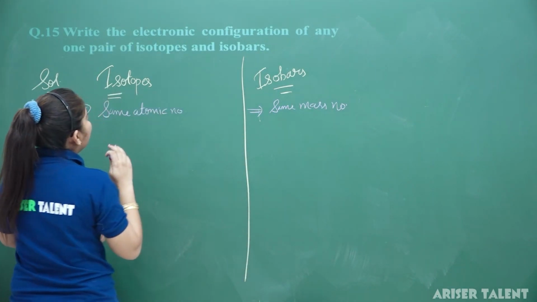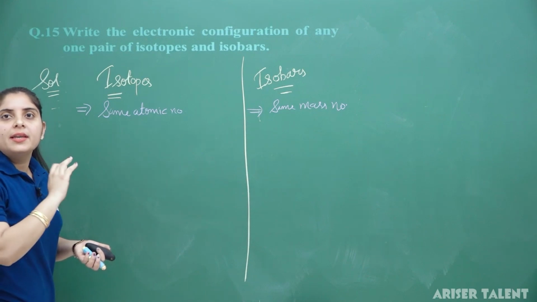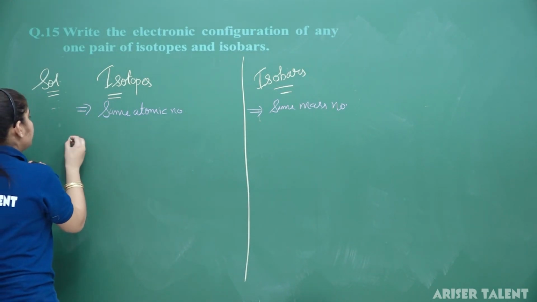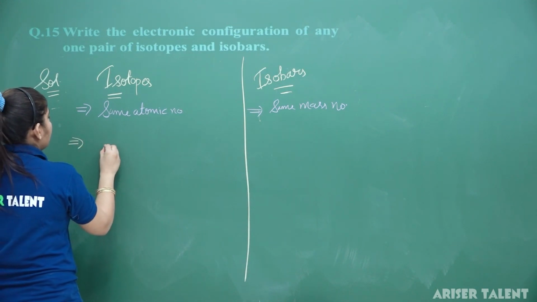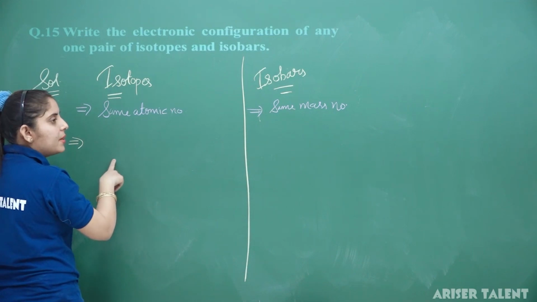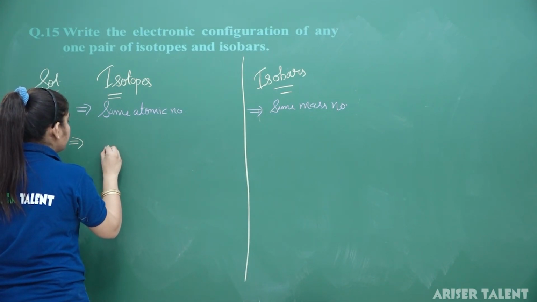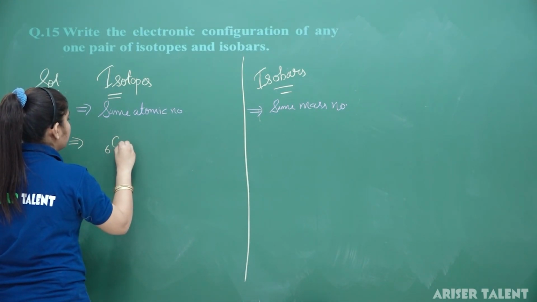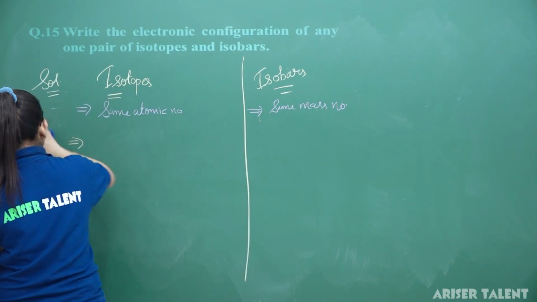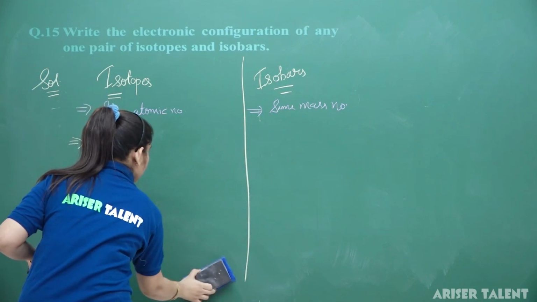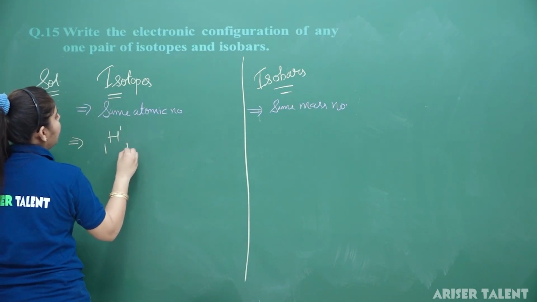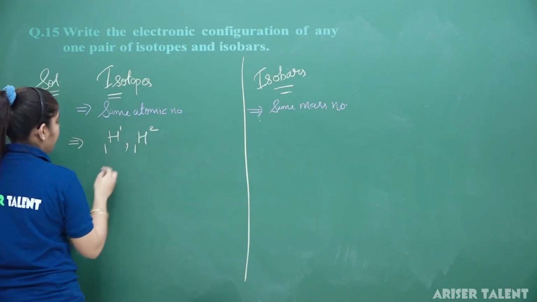Now we want to write the electronic configuration for any one of the pair. So firstly, I am considering the isotope. If I am considering the isotope, I have to take the atomic number same over here. I am taking protium and deuterium.